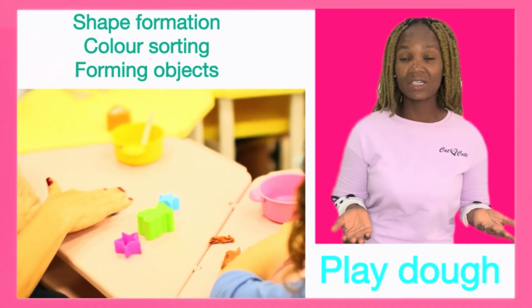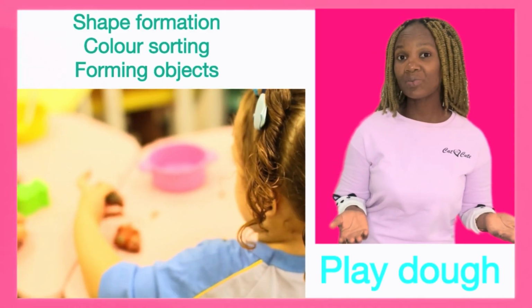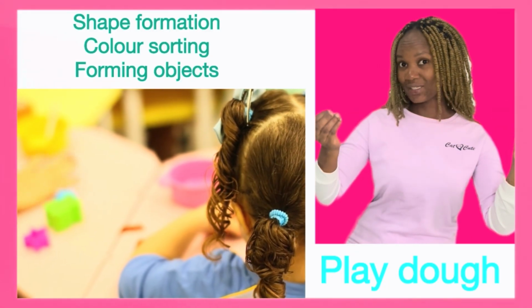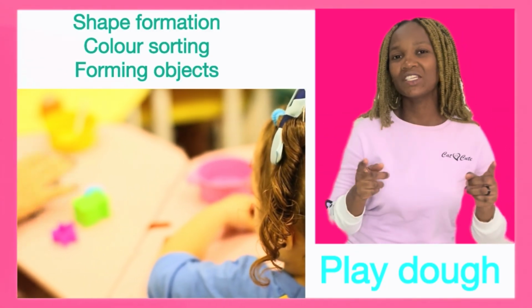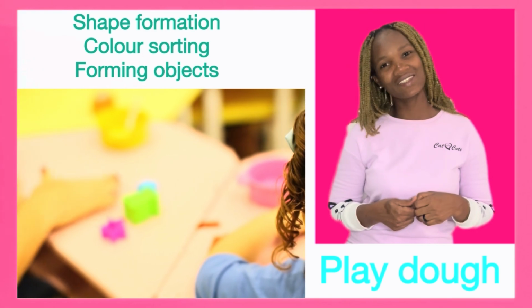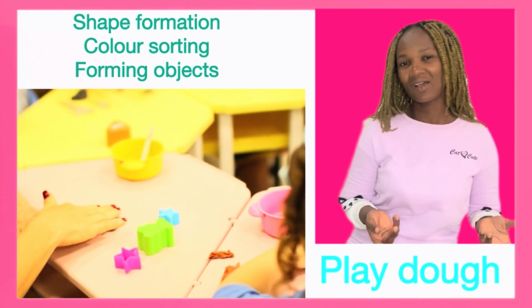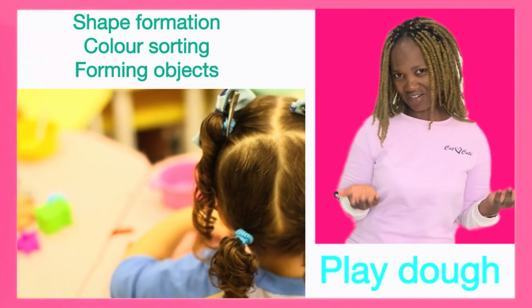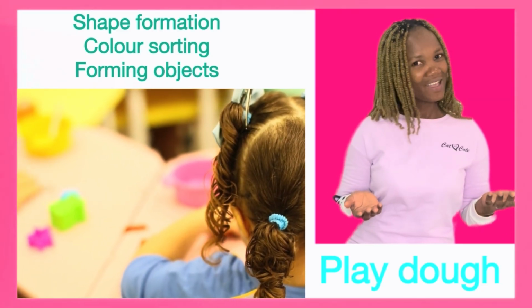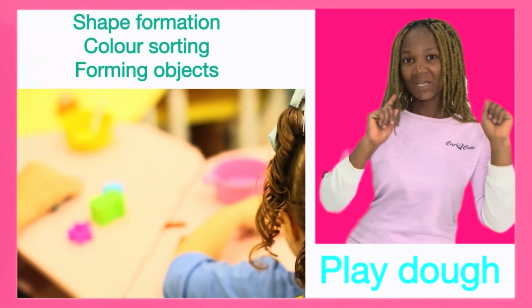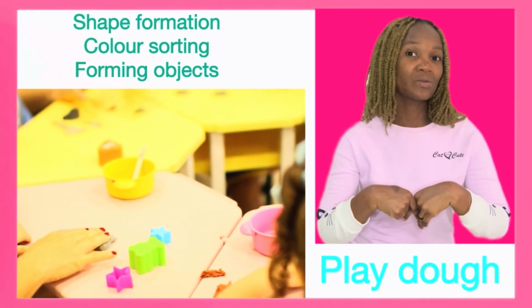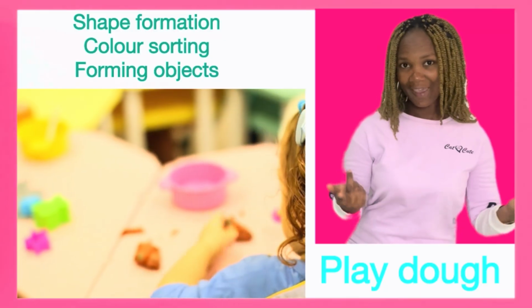We also learn colors using Play-Doh because Play-Dohs come in different colors. Well, Play-Doh is a very, very interesting object in the classroom. I guess you would want a Play-Doh in your classroom, correct? As the word goes, Play-Doh. You have so much fun using a Play-Doh and learn in the process.